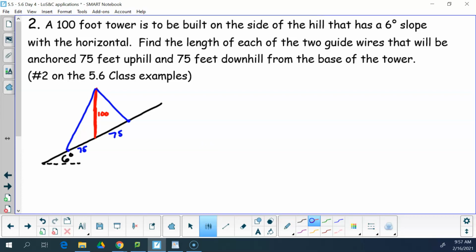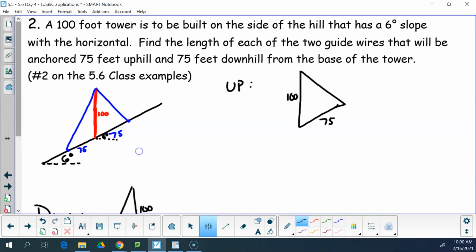Okay. So if this is 6 degrees in there too, right? That helps. Wink, wink, nudge, nudge. Yeah, that's going to help us a little bit right there. So there's our picture. You try it. Find out the rest of the answers.